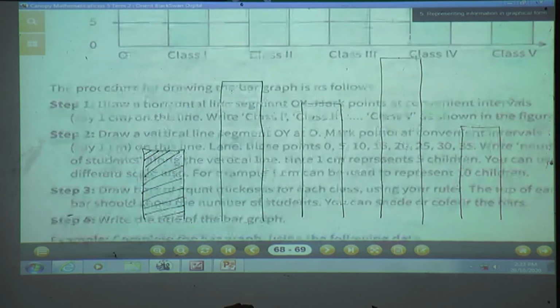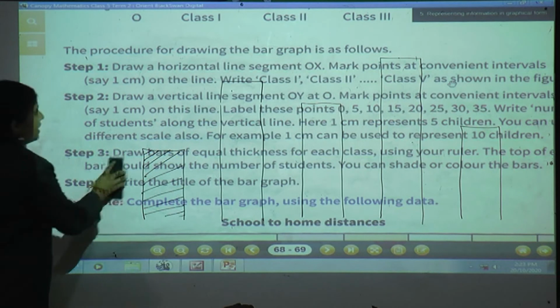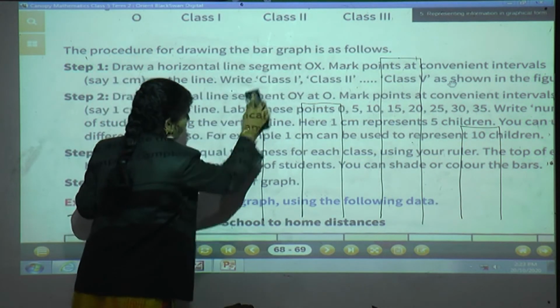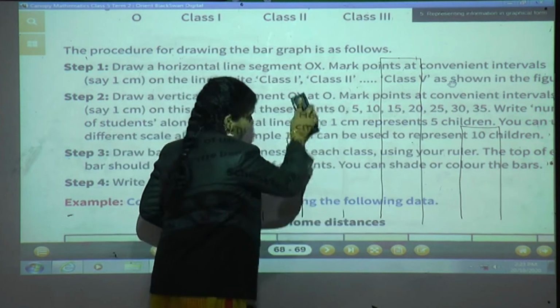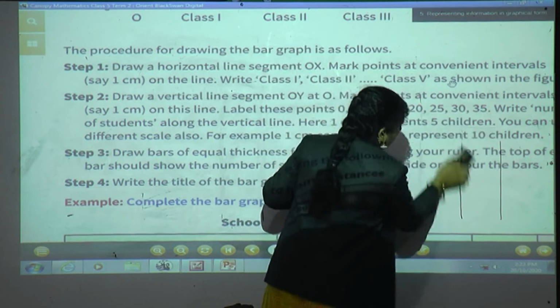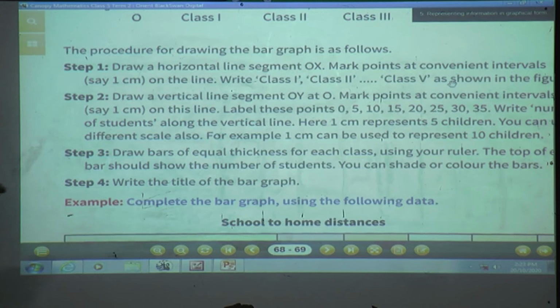See, read it carefully. The procedure for drawing the bar graph is as follows. How to draw the bar graph? They have given us the information. They have given here the procedure. See, read it carefully. Step 1.